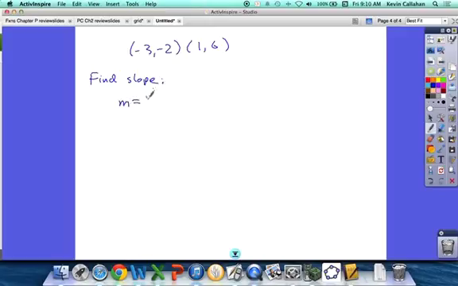M equals y2 minus y1 over x2 minus x1. So that's 6 minus negative 2 over 1 minus negative 3, which is 8 over 4, which is 2. Definitely simplify it if it can be simplified. You might also plot those 2 points on a graph and make your triangle. It's the length of the vertical side of the triangle divided by the length of the horizontal side.